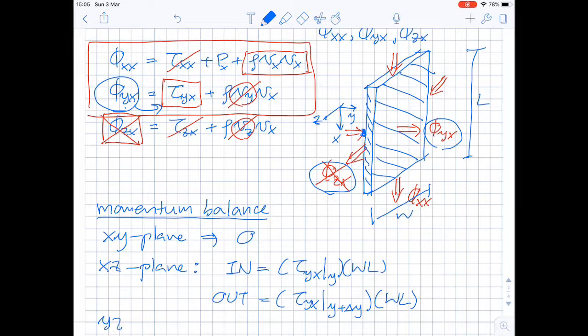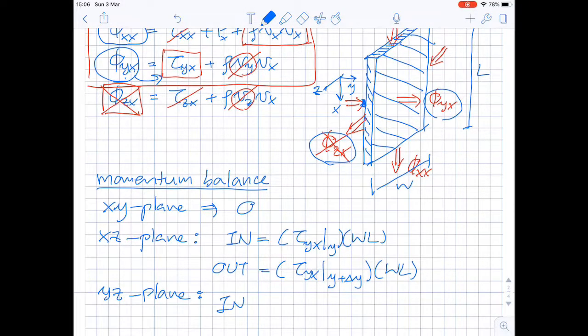Then the YZ plane. For the YZ plane, it's the plane on the top here, and the flux going in and out in this highlighted area is phi xx, which is equal to pressure plus convective transport.